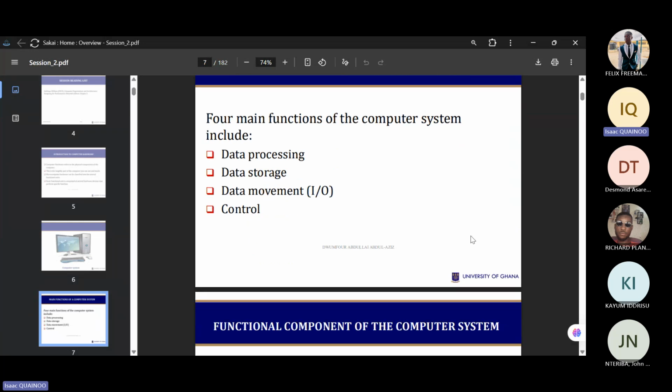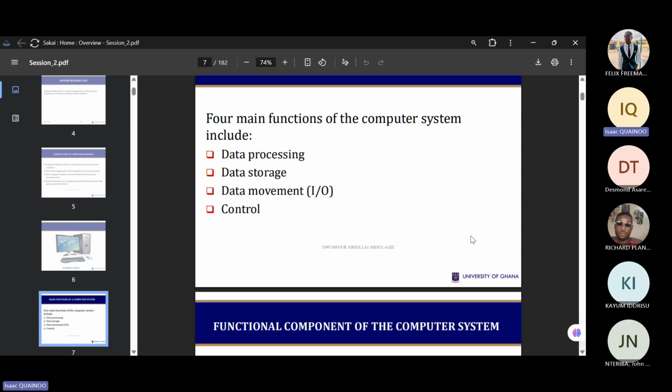So there are four main functions of the computer system. Of course, we are not saying that these are the only functions of a computer system. There might be many more, but we are talking about the main purpose that a computer system serves. One is data processing.